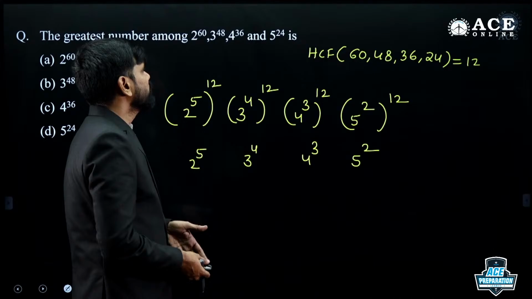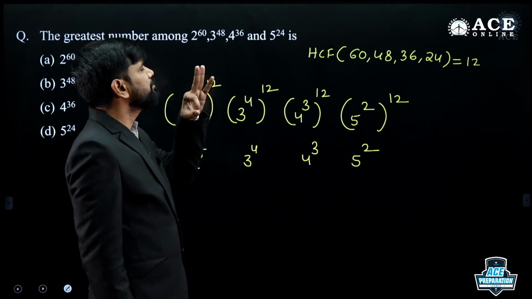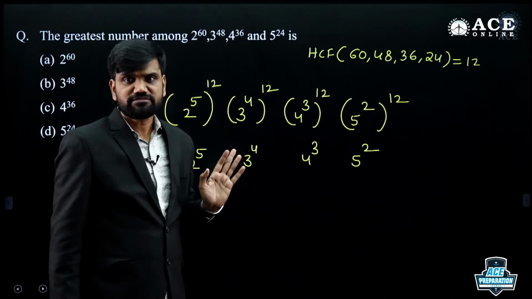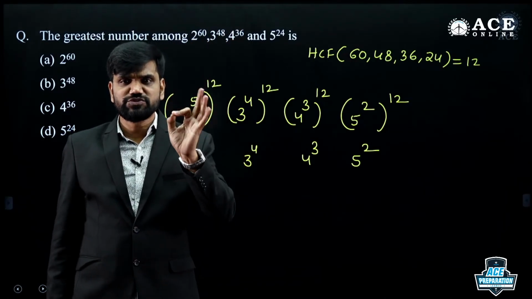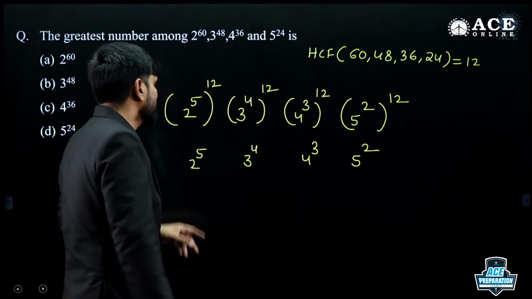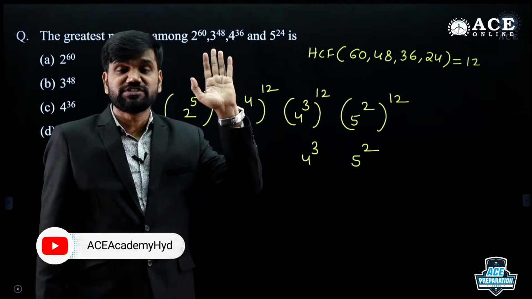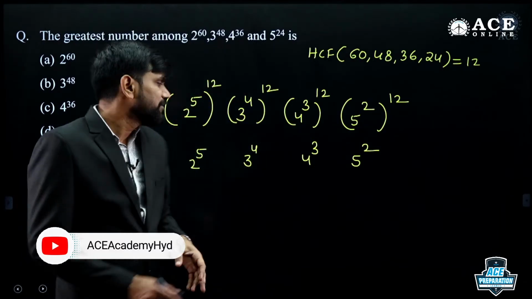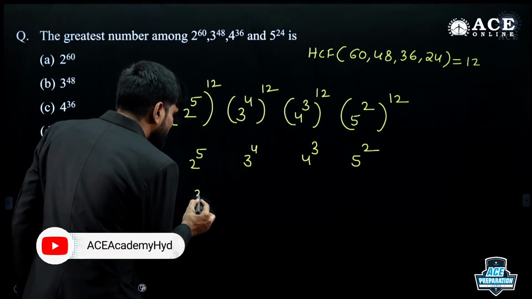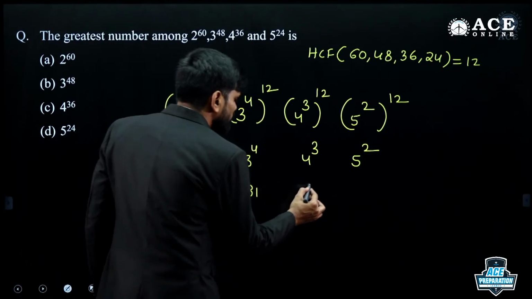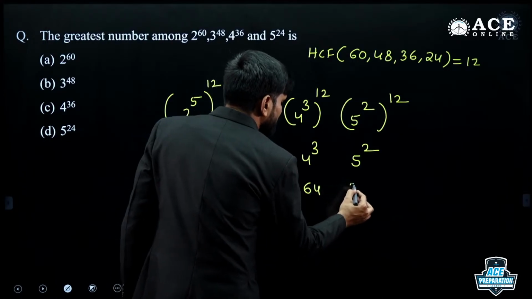That means when you are comparing the terms of this kind, blindly cancel the powers with the HCF of the powers. HCF of the powers is 12. I cancel everything with 12. I am left with these terms. From among these, whichever is the highest is the highest. Whichever is the least is the least. Which is the highest, dear? 2 power 5 is 32. 3 power 4 is 81. 4 cube is 64. 5 square is 25.